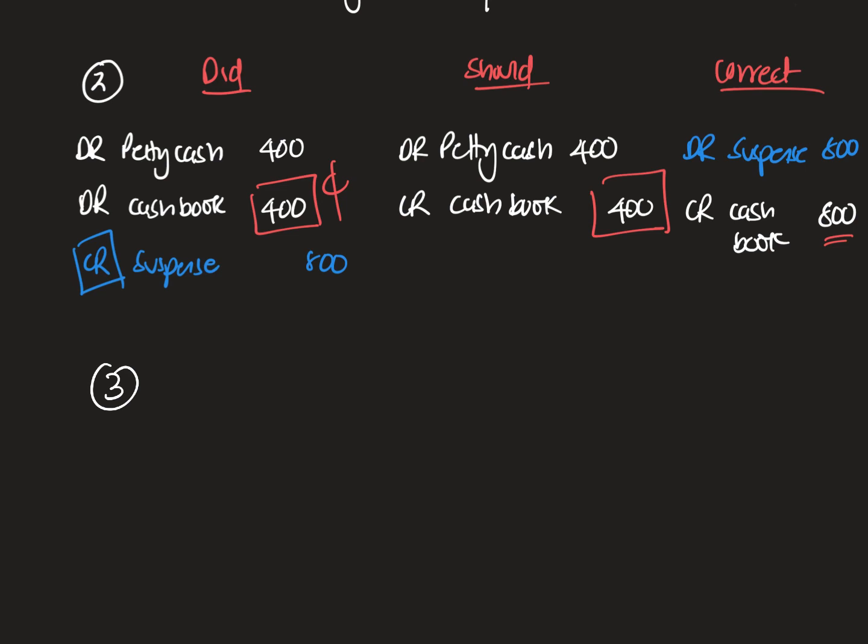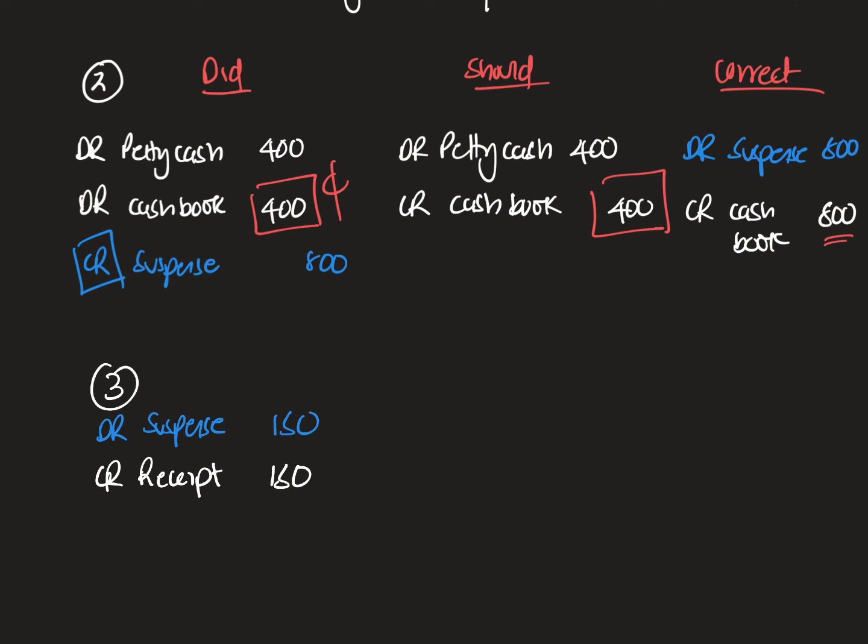Well, what they would have done is posted the receipt or the income credit receipt correctly, 150, but they have undercast the cash book. So this is like saying they haven't included this in the cash book. Now, if that's the case, we're clearly going to see an imbalance here. And that imbalance is actually going to be a debit to suspense for the 150.